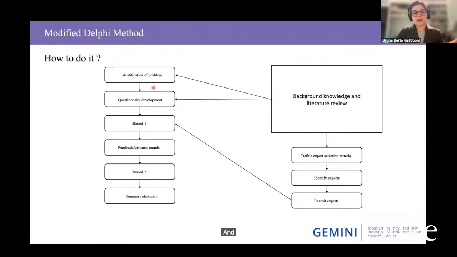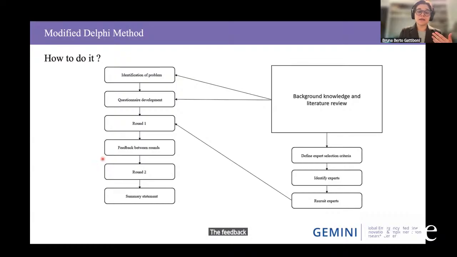When you identify this problem, you build a survey with the different questions that you have about this topic, and ask the specialists to answer it in this first round. It's common to begin with open questions so that the specialists can refine these questions. And after this, you give all the specialists the feedback.